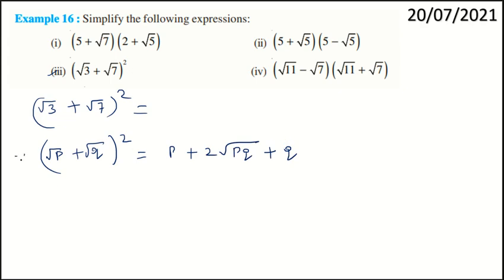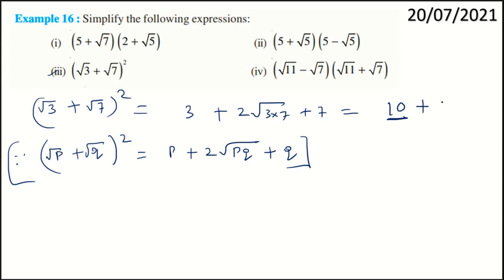So using this identity we will do it. 3 plus 2 times root of 3 into 7 plus 7, where 3 plus 7, the sum of 3 and 7, is 10, plus 2 times root of 3 7s, 21. So this is the answer.